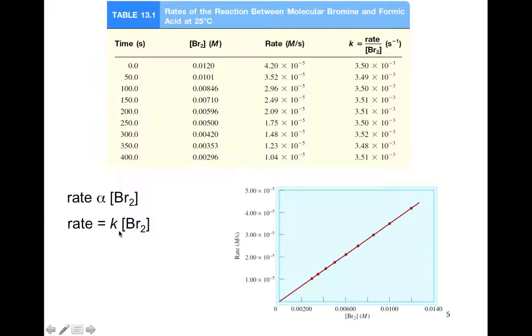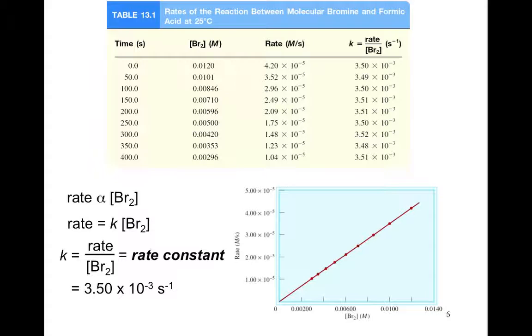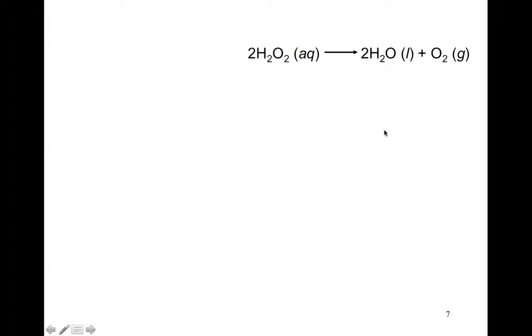So our rate is equal to the constant multiplied by bromine. And here you could rearrange that to solve for K, which is fine. And K is our rate constant. And here we said, 3.5 times 10 to the negative third.